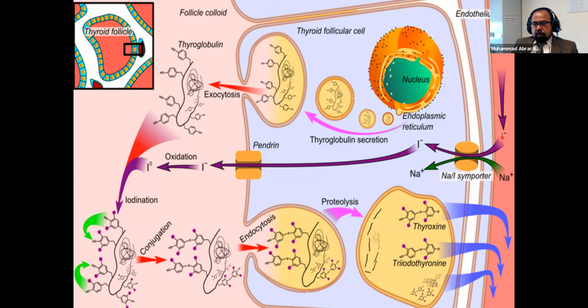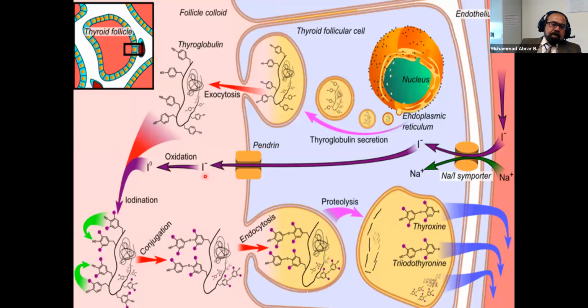So they take one iodine with one sodium molecule inside the thyroid cell, the thyrocyte, and then this iodine as iodide is pushed into the lumen of the follicle through this pendrin.